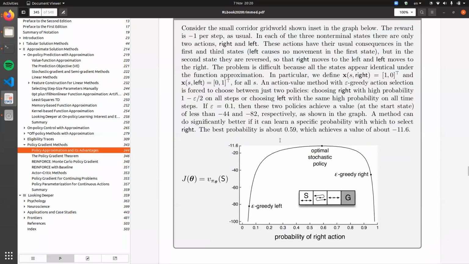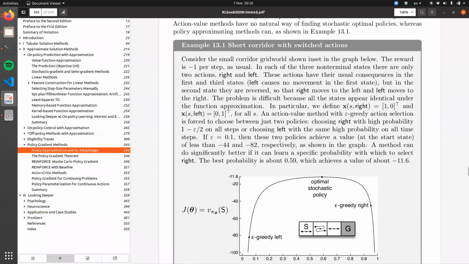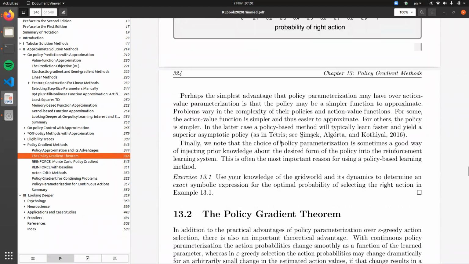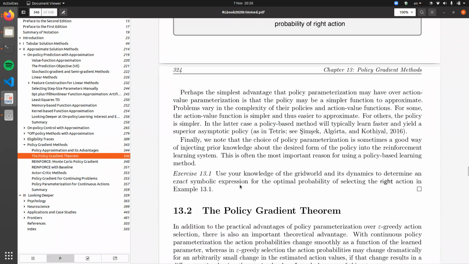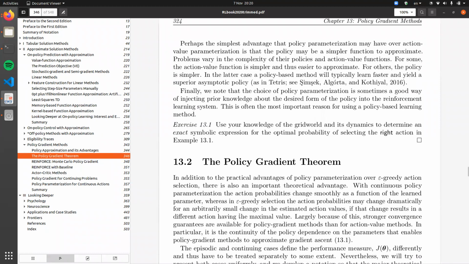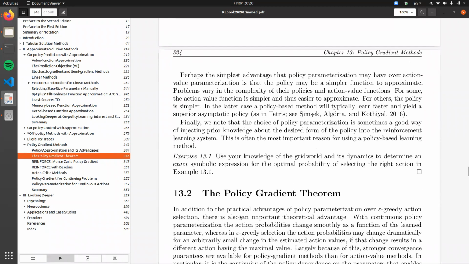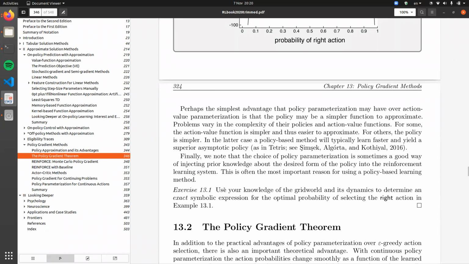So how do we find this stochastic strategy? Before we get to the policy gradient theorem, let's have a brief look at exercise 13.1.